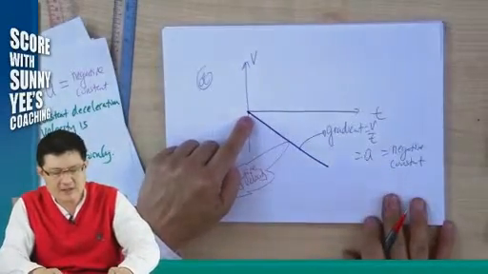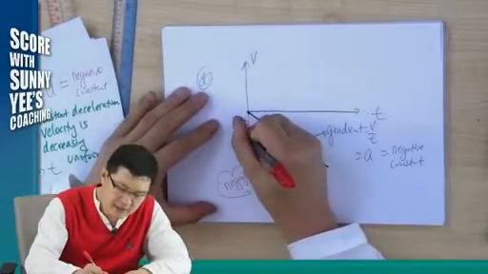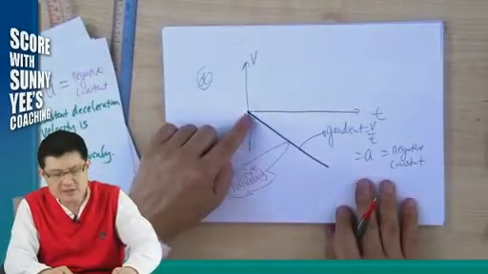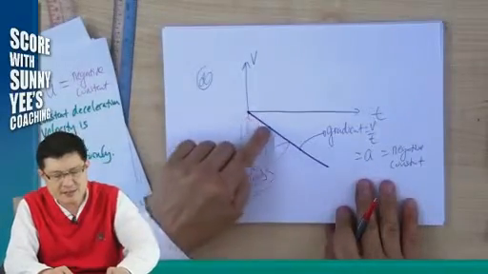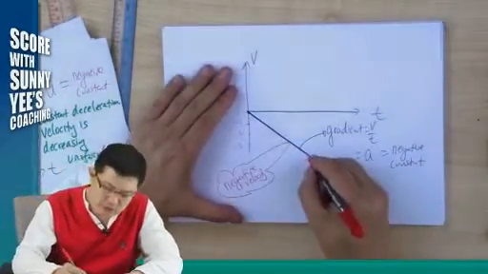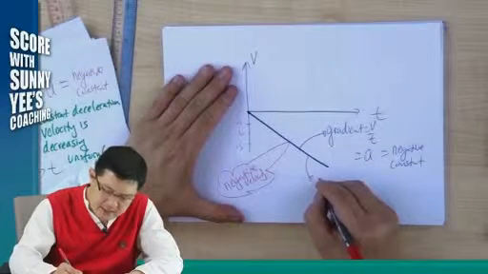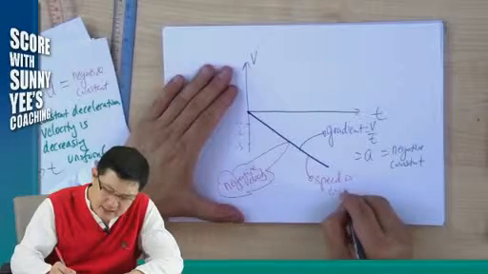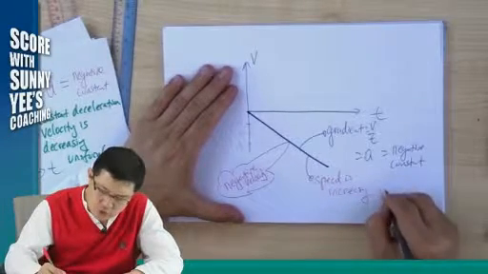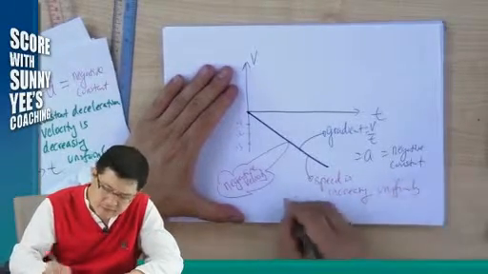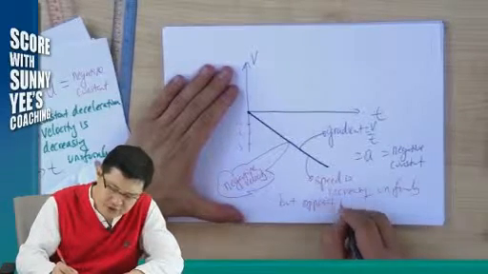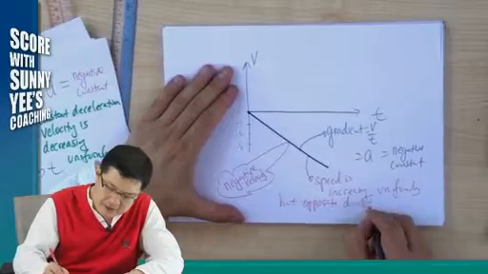Now look at my finger. It becomes more: -1, -2, -3. So the velocity is increasing. The speed is increasing uniformly, but in the negative direction, the opposite direction.